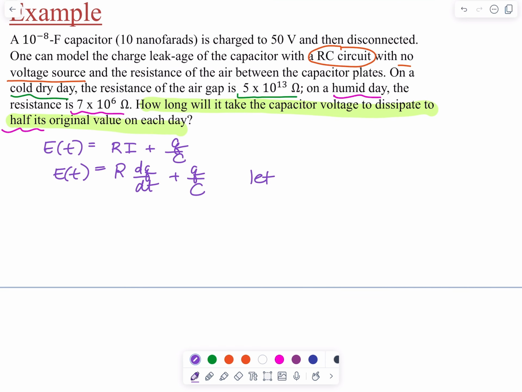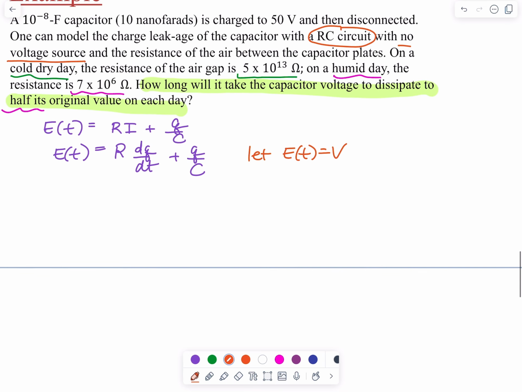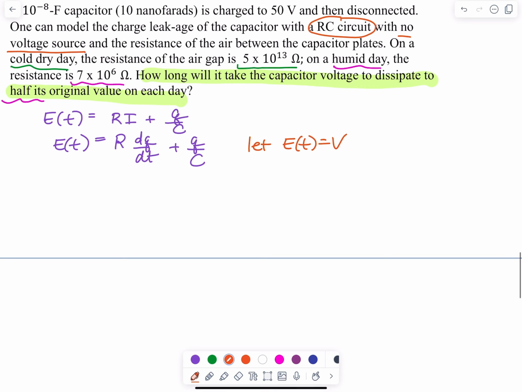Now we are going to go ahead and let E of t equal V, and we solve this as a separable differential equation. So here we have a separable differential equation, and we will be using that solution that we derived.